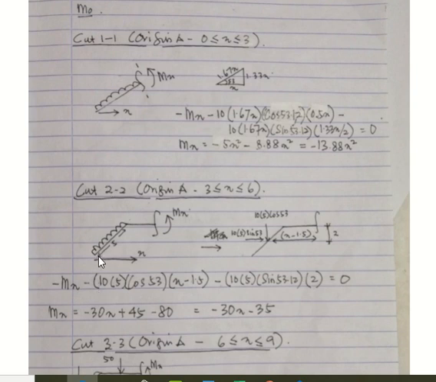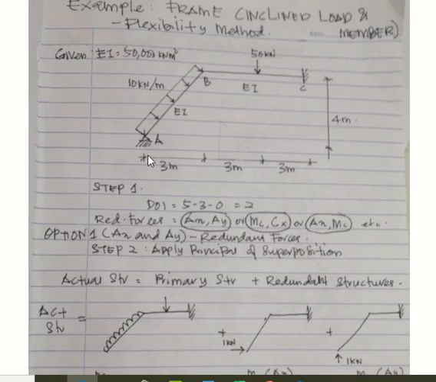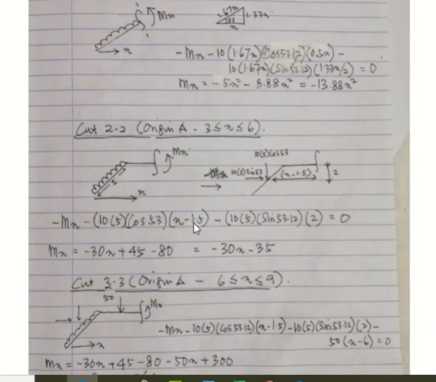Because this is x, and your force is here, so x minus the distance at the back, 1.5, because your length here is 3 meters. So when you consider load at midspan, it means 1.5 here. That's why you have x minus 1.5 here.